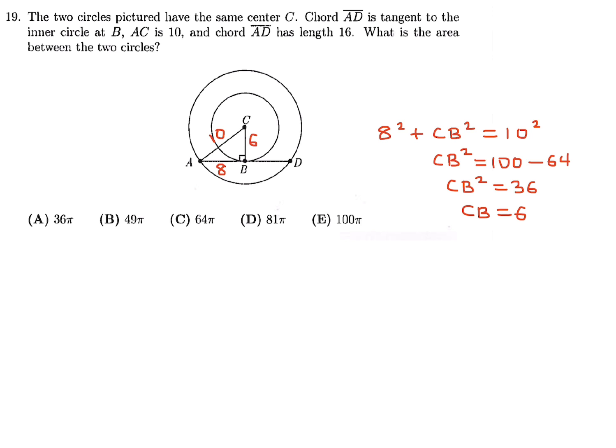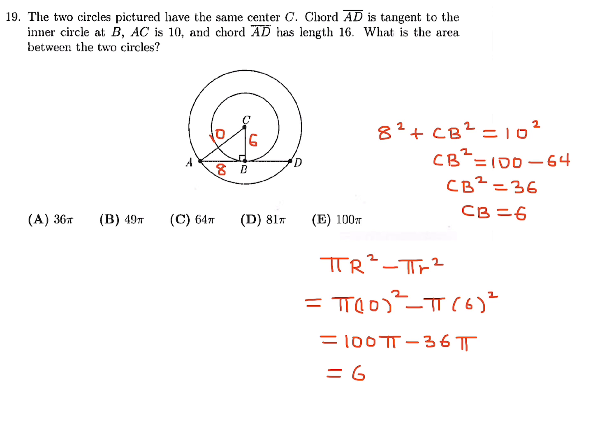So now the area between the circles is pi big R squared minus pi small r squared. Big R is 10, so big R squared is 100. Small r is 6. So this is 100 pi minus 36 pi, and therefore that is 64 pi. So number 19, the answer is C.